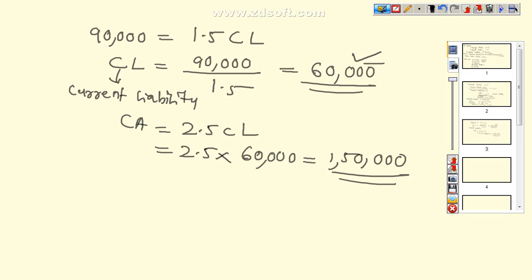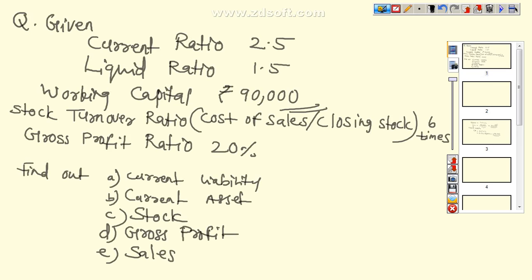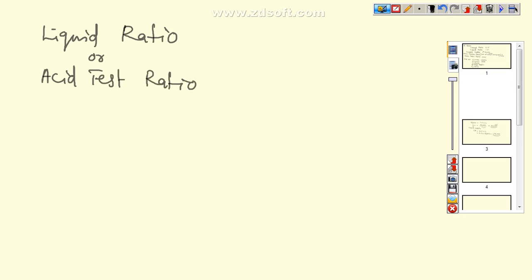Next information is given, liquid ratio. Liquid ratio is also known as asset test ratio, or quick ratio, that is equal to 1.5.